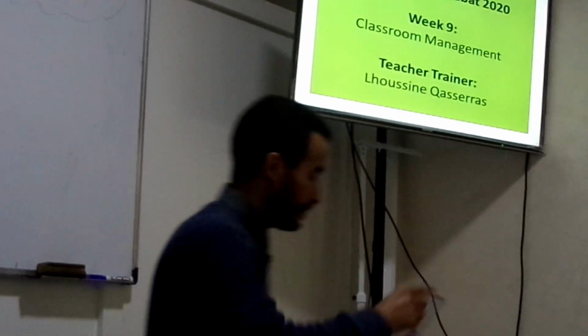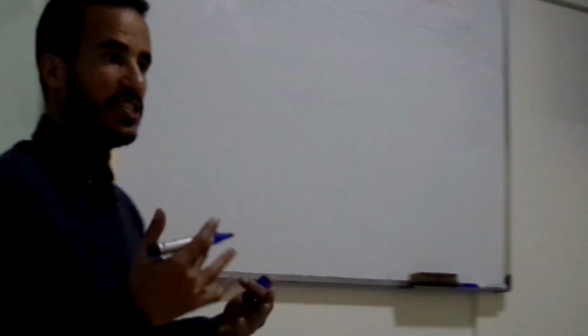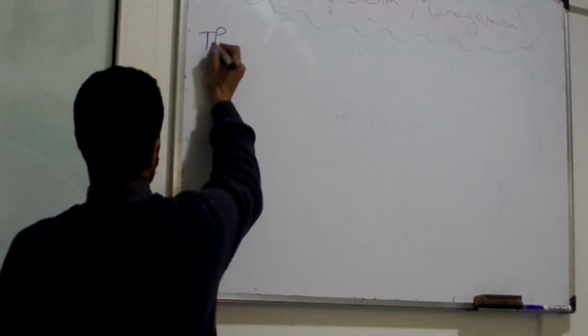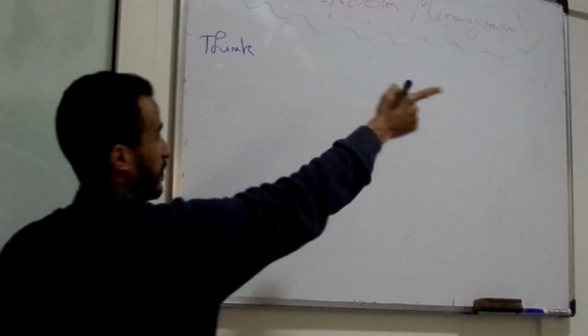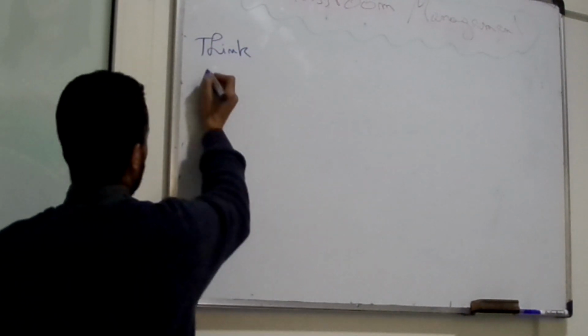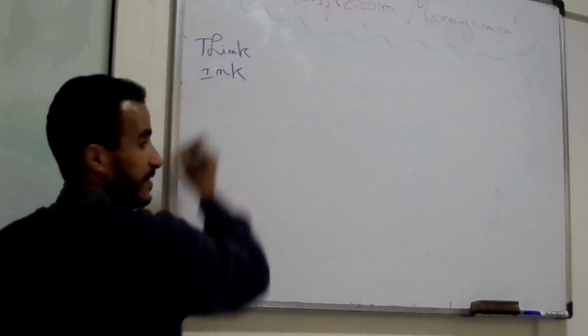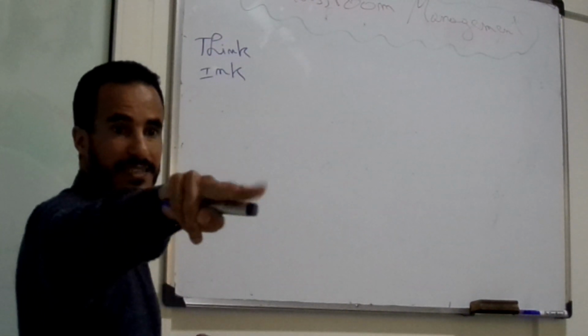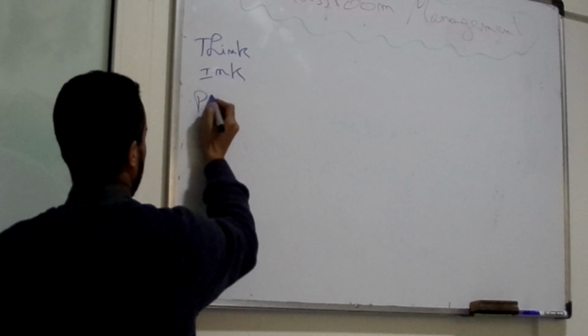Good. Now, as you see, I said number one, it's a strategy that you have to work on. I said think. What do we mean by classroom? And we were thinking. You're right, you take notes. Then I said pair.